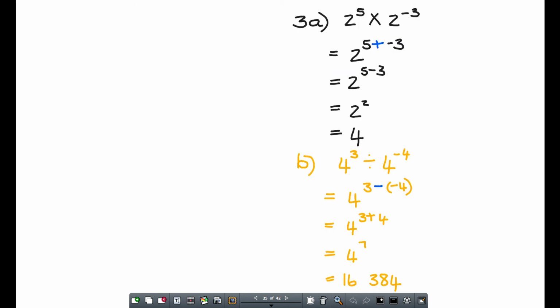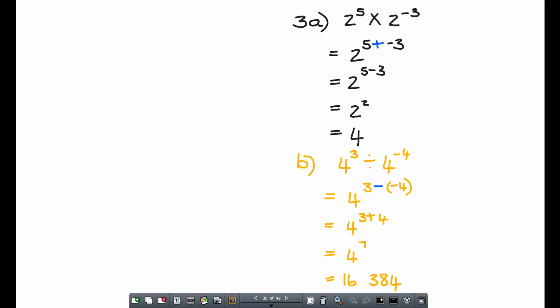Okay, let's look at 3. Now at number 3, you had to be very careful. Yeah, they actually wanted you to use what we've been taught from law 1 and law 2. Right? So at 3a, they say 2 to the power of 5 times 2 to the power of negative 3. Now, can you see base is the same for both? And we are multiplying. So what do we then do with exponents?